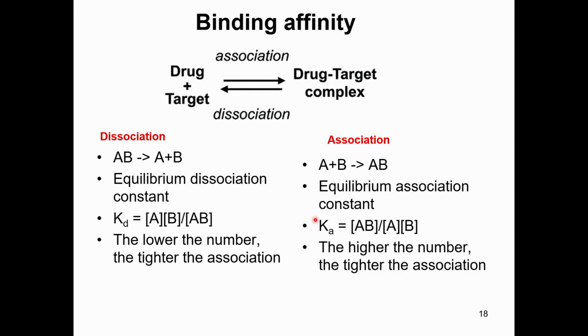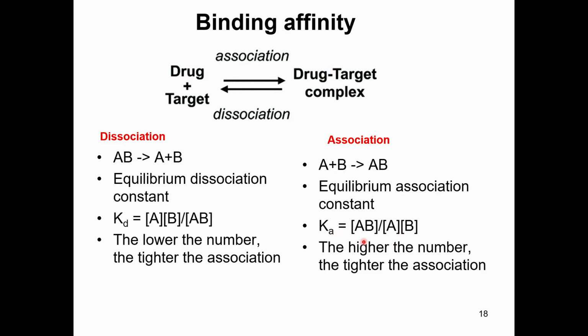So the association constant, Ka, is a comparison of the concentration of AB, the drug-target complex, to A times B, the free concentrations of the drug and the target. So if you look at it, this is AB over here, and this is A times B over here.